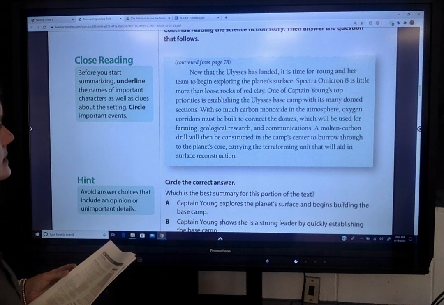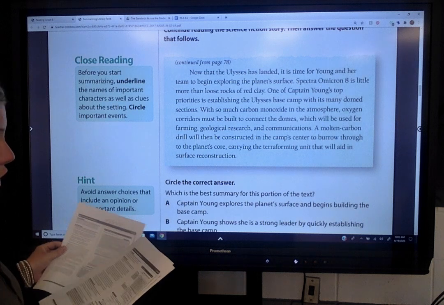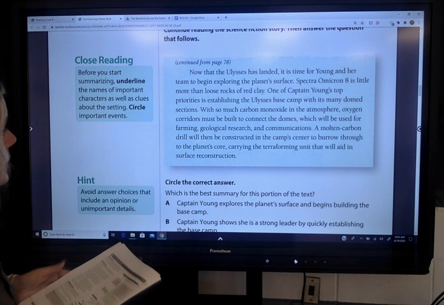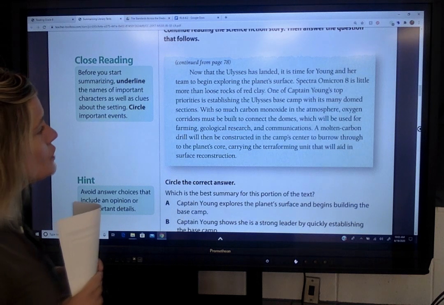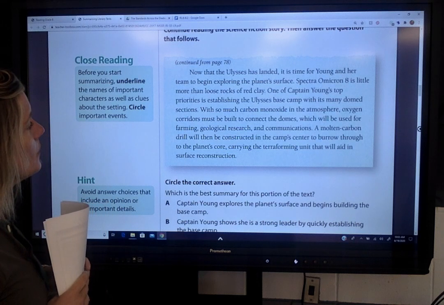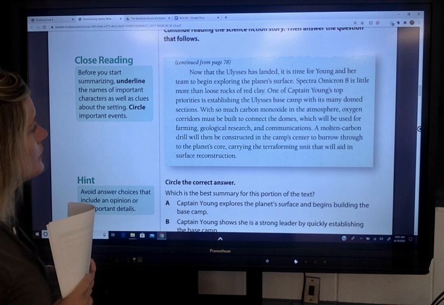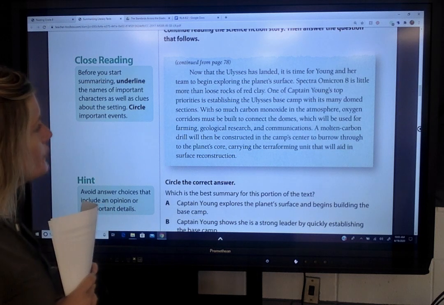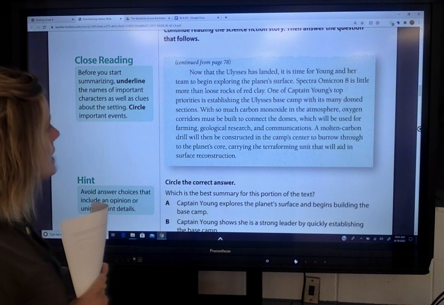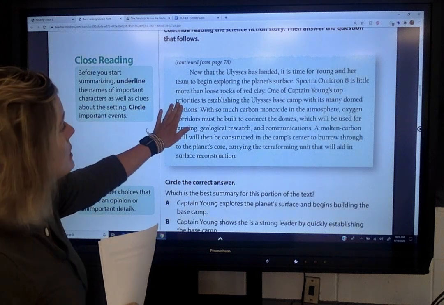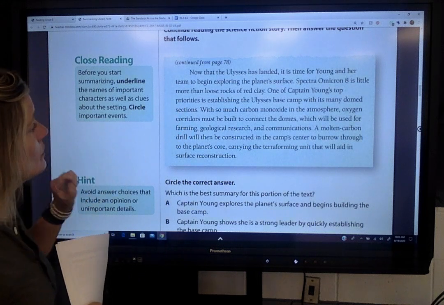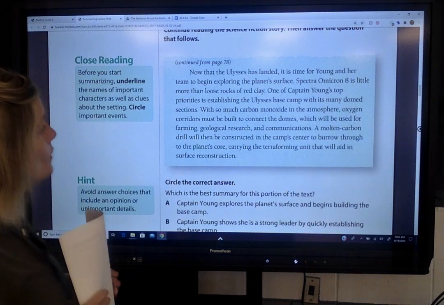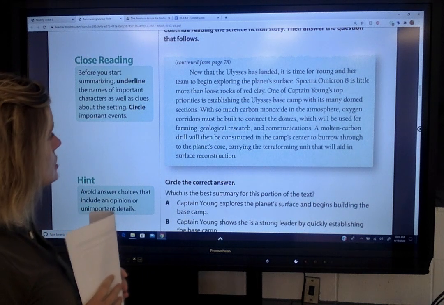Now that Ulysses has landed, it's time for Young and her crew to begin exploring the planet's surface. Spectra Omicron 8 is little more than loose rocks of red clay. One of Captain Young's top priorities is establishing the Ulysses Base Camp with its many domed sections.